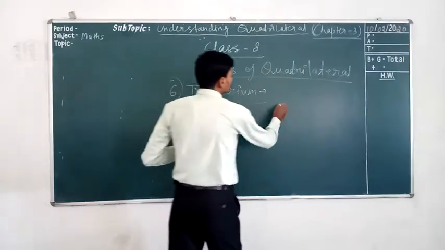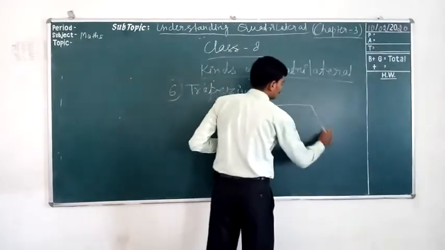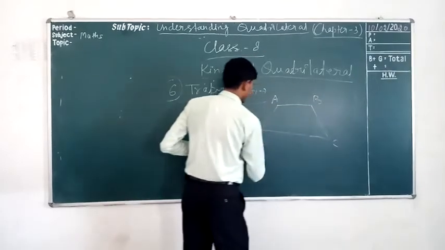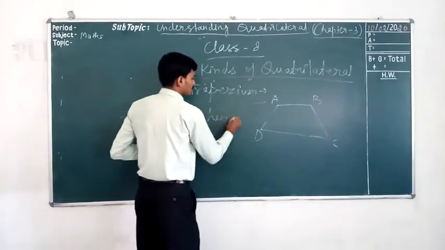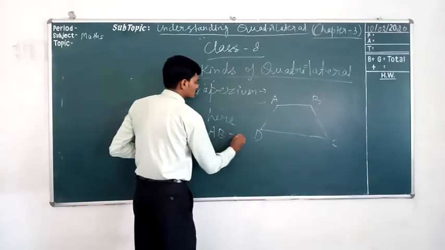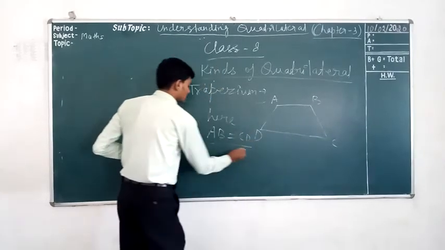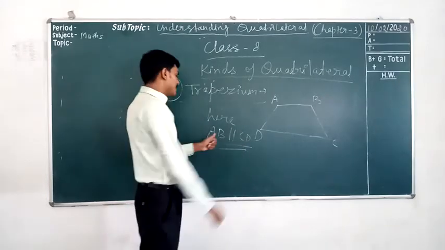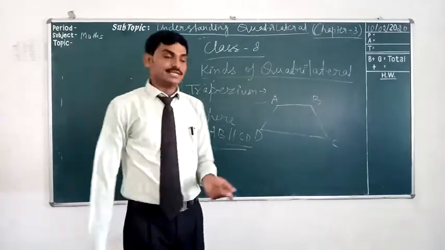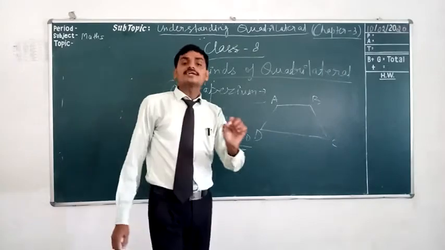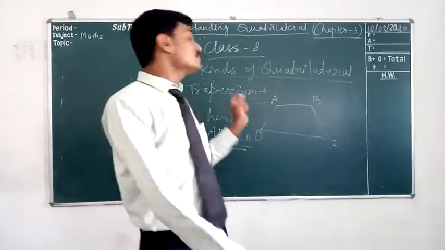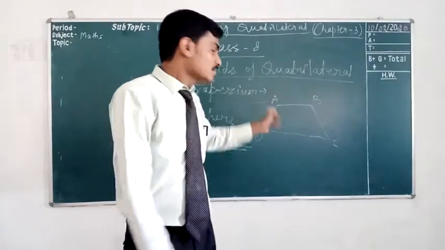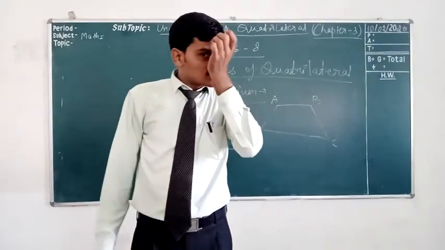For example, here AB parallel to CD. So this is the trapezium.